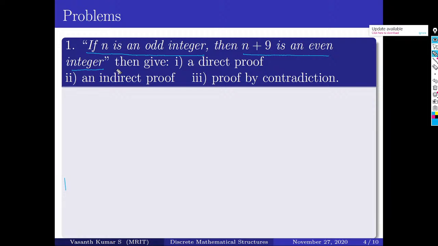Next we require to find what is P and what is Q. Definitely we can say that P is nothing but n is an odd integer, and we can define Q as n plus 9 is an even integer.